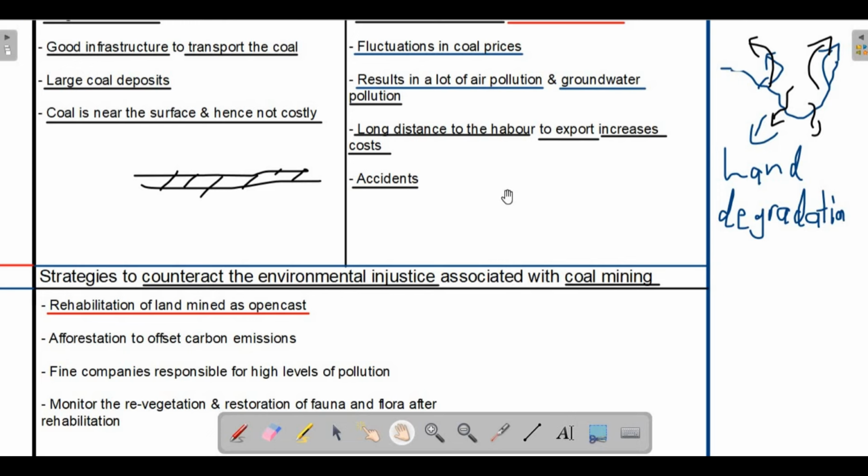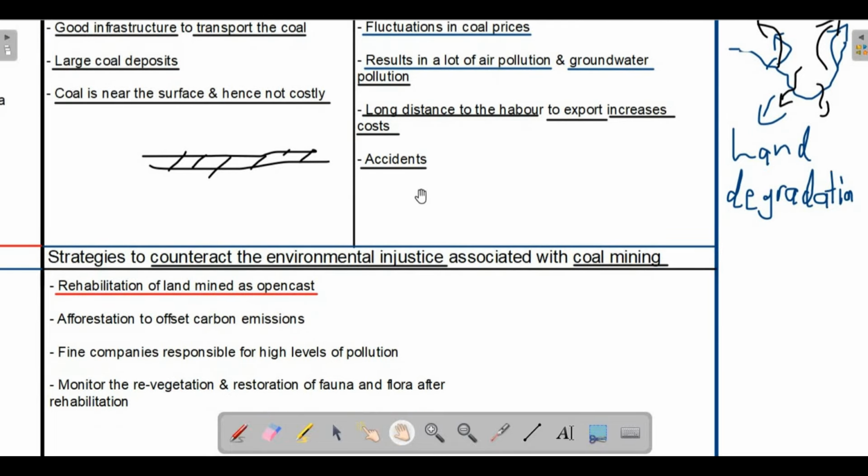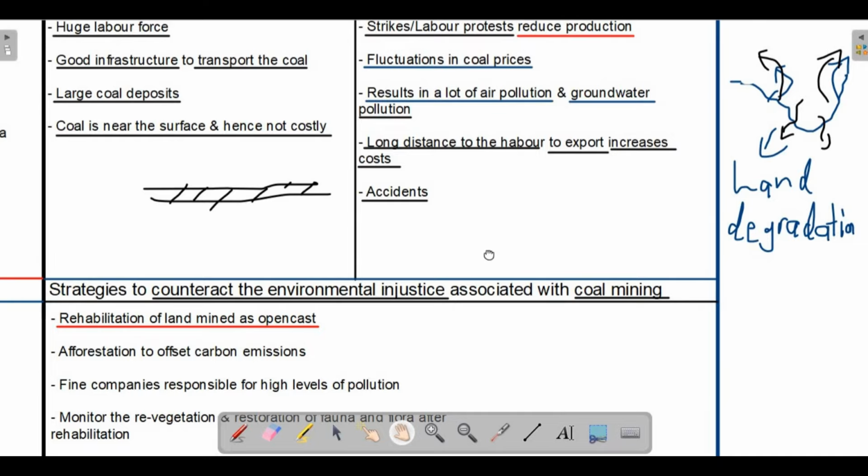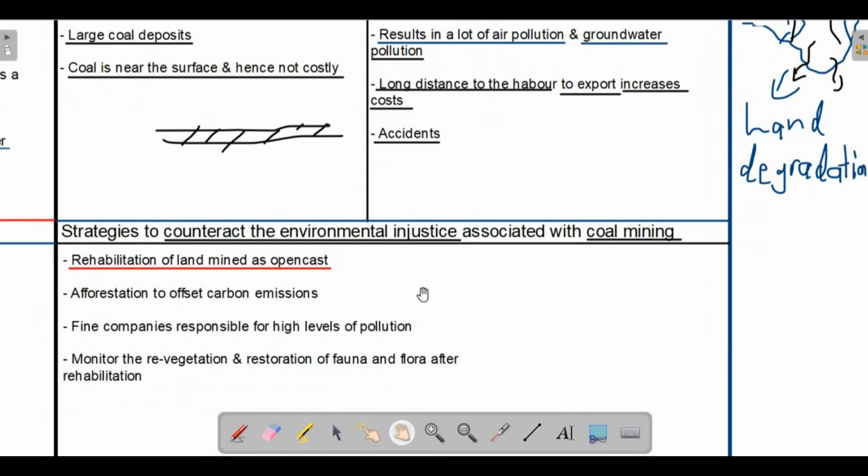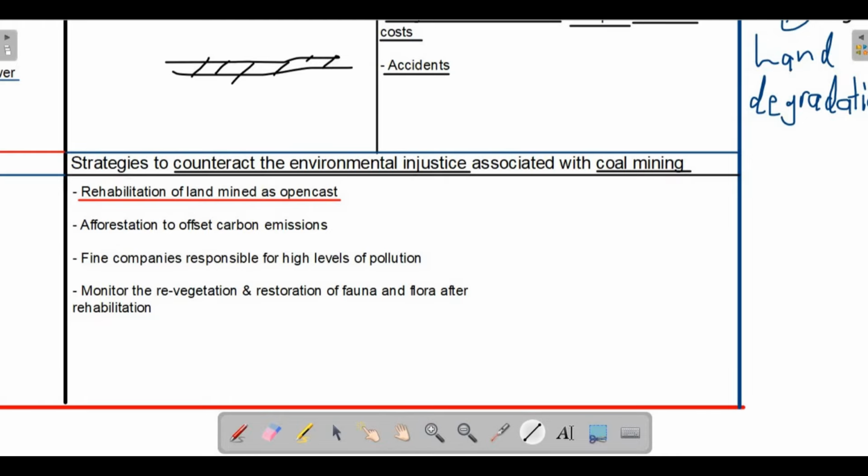Try to ensure that the species that were lost during these operations come back. Okay, so make it look beautiful again. Don't leave it like that after you are done. So there should be environmental contracts that are signed there before any operation occurs.